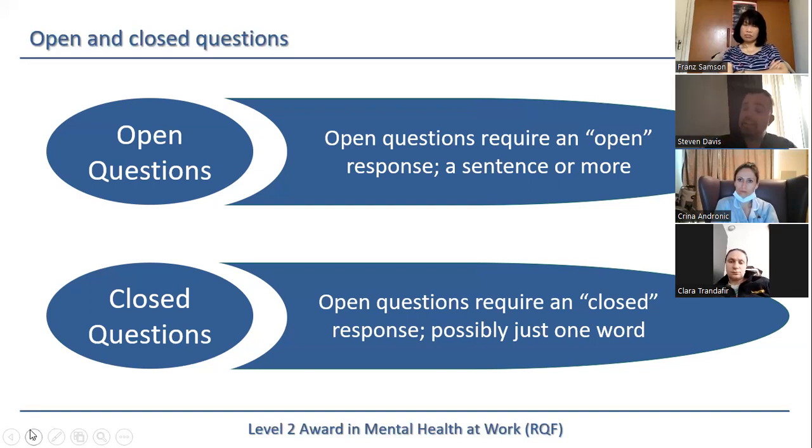If they say yes, then you need to start probing. What are you thinking? Tell me what your thoughts are. Because at this point, if you think they're going to do it, what we do is a safety plan with them. And the safety plan is you agree to keep yourself safe. You agree that you can go to A&E. You agree that you'll keep yourself safe until somebody can come to you or whatever.